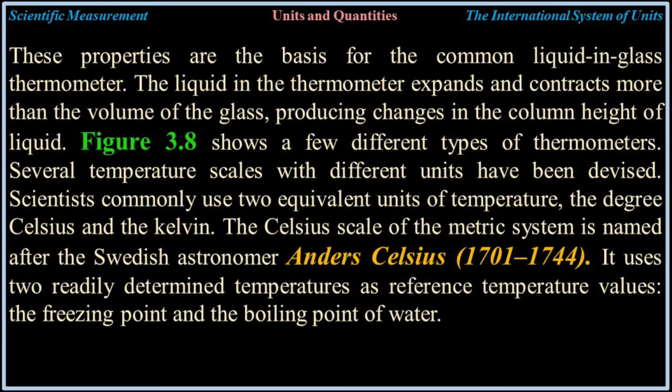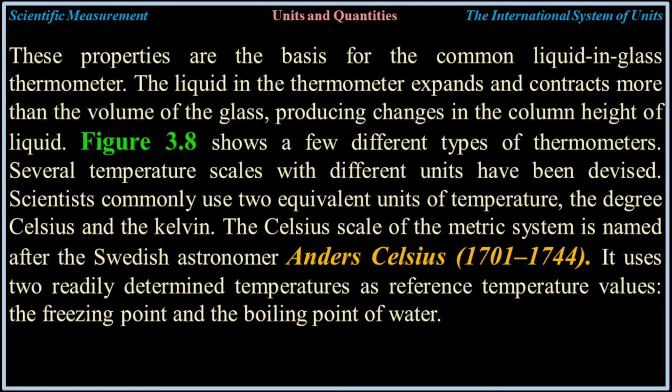The liquid in the thermometer expands and contracts more than the volume of the glass, producing changes in the column height of the liquid. Figure 3.8 shows a few different types of thermometers. Several temperature scales with different units have been devised.